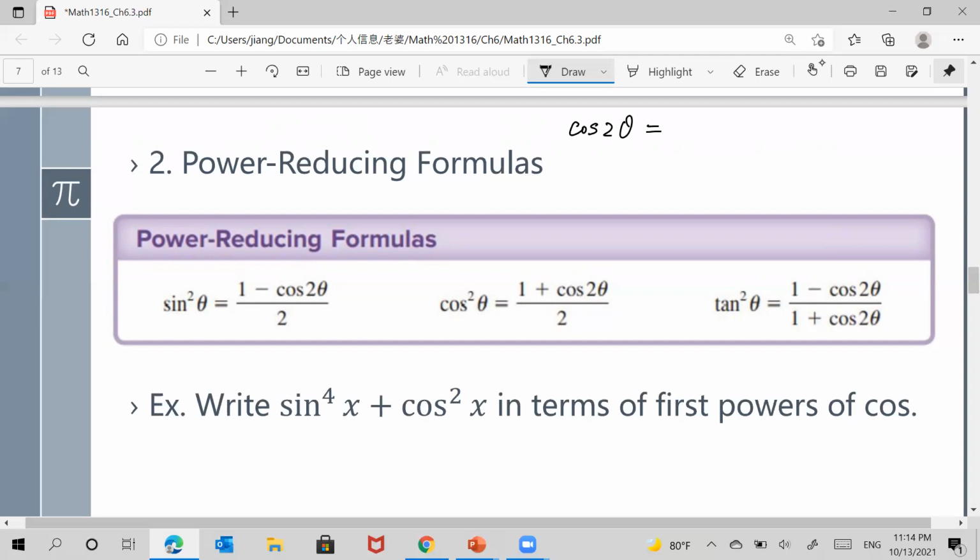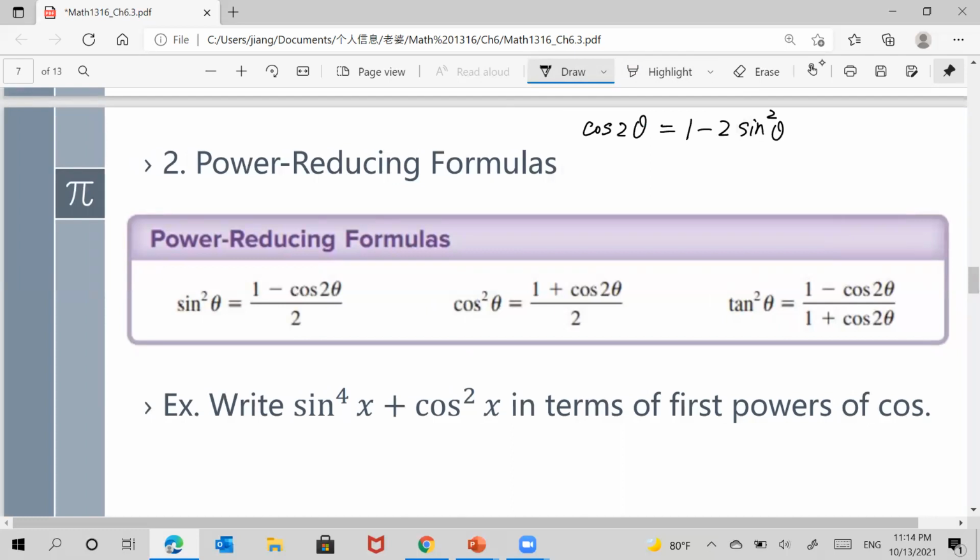If I choose 1 minus 2 times sine theta squared, and I'm looking for sine theta squared, I just isolate this term. So 1 minus this term equals this, and this term equals 1 minus cosine 2 theta.